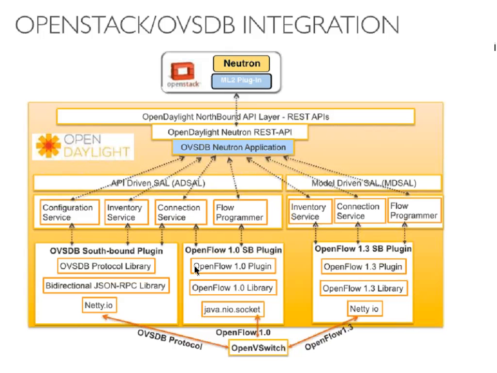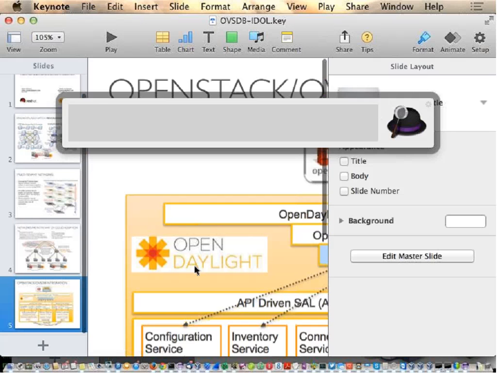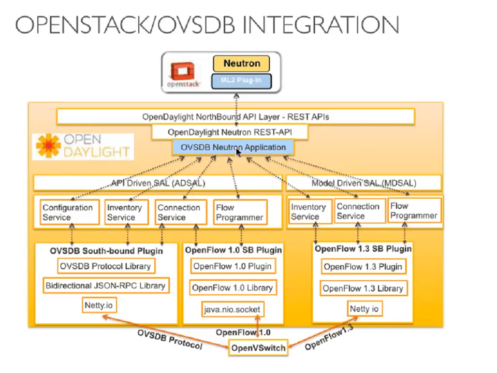What do you mean by Neutron application? Well, OpenDaylight is a controller, so it doesn't differentiate between Neutron or any other applications. To us, anything that talks via northbound APIs is an application. In OpenDaylight, we have a northbound API specifically written for Neutron.